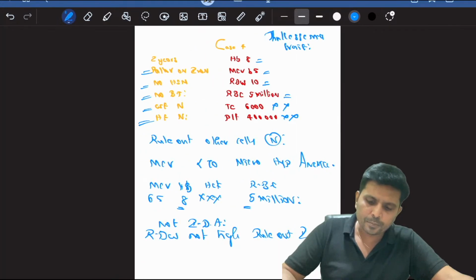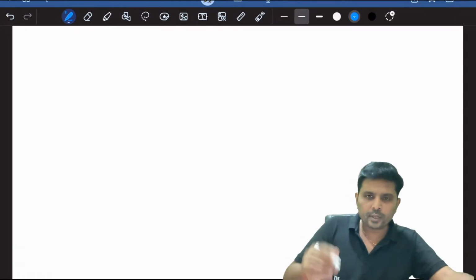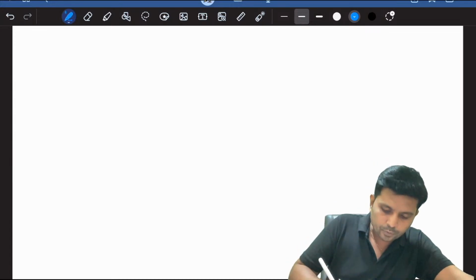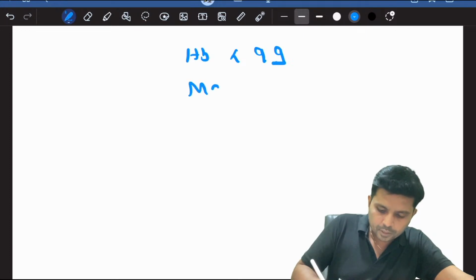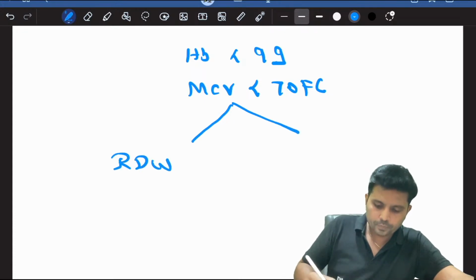Generally speaking, there are two main things you need to know. Whenever you have a hemoglobin of less than 9 grams and an MCV of less than 70 femtoliter, always look for two things. First, RDW.